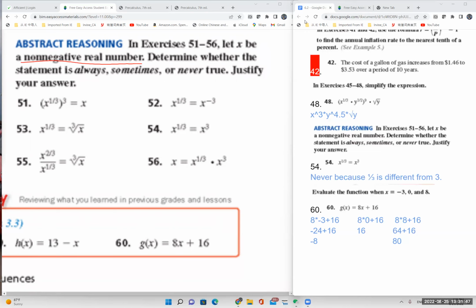So you mean it's never true? But how about if x equals 1? Do you think it's true? Of course it's true. The cube root of 1 also equals 1, and 1 cubed also equals 1. Then of course it's true. That means it should be sometimes true.